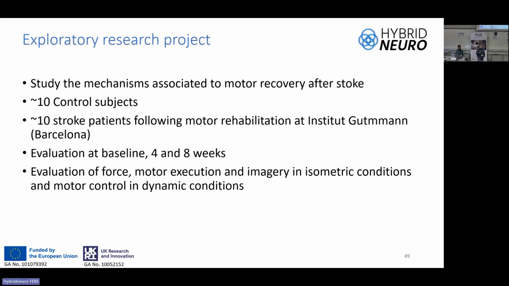We are aiming for 10 control subjects and 10 stroke patients with one evaluation at baseline and after 4 weeks and 8 weeks of treatment. And we evaluate force, motor execution and imagery in isometric conditions, and then motor control in dynamic conditions.